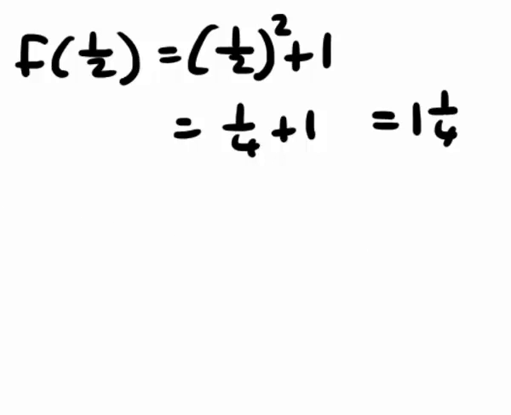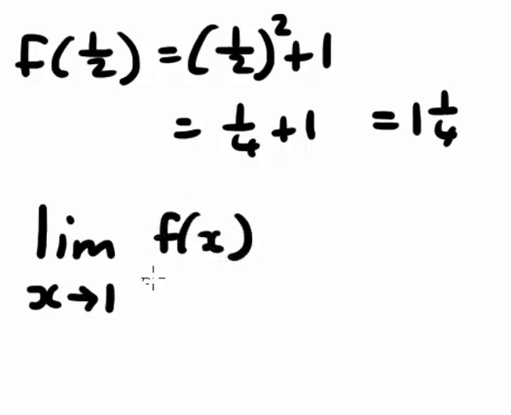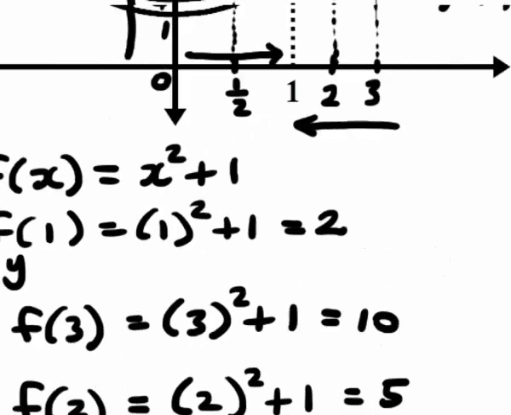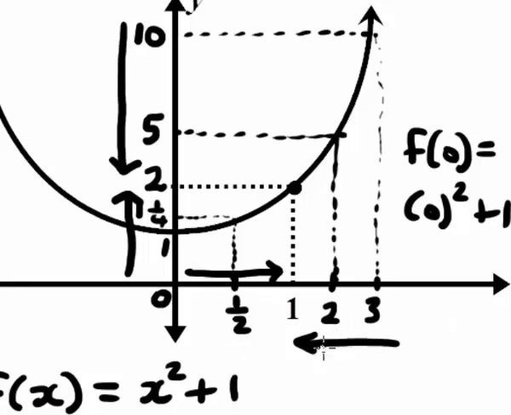What we say is the limit, now watch this, the limit as x approaches 1, now that could be from the left and the right of that graph, notice that it's called the limit as x approaches 1 of the graph, is actually 2. As the x's are approaching 1, as we're moving from right towards 1 or from left towards 1, the y values are coming from the top and the bottom. They approach 2 as x approaches 1.